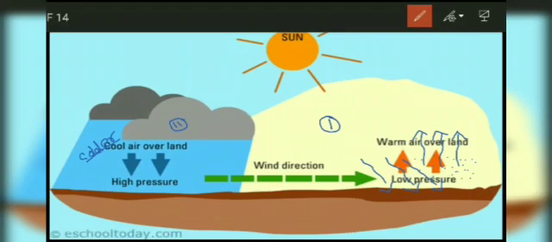In situation number 2, the area is a little bit colder than that of situation number 1, and therefore the air molecules are also a little bit colder. Therefore this region has formed a high pressure region, and wind always travels from high pressure to low pressure region. This is the direction of wind.